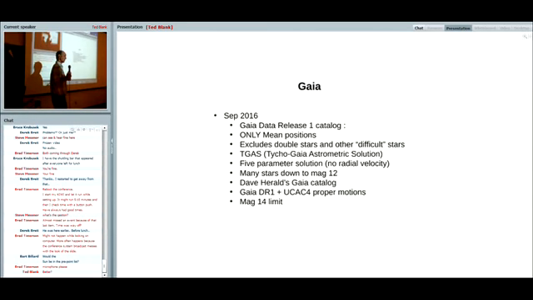Hopefully a lot of our target stars will have Gaia data, particularly since they're going to do this Tycho-Gaia solution, which will help for stars down to about a magnitude of 11.5. Beyond that, Dave is working on a catalog that'll add UCAC for proper motions in the other situations. So that should get us in pretty good shape for star positions, and hopefully the star catalog comparisons will, for most events, be a non-issue in the near future. We'll just rely on Gaia. Next slide.